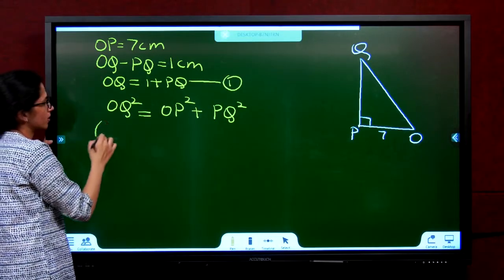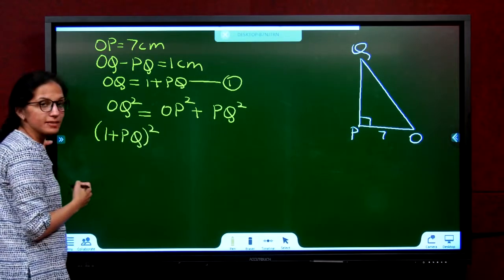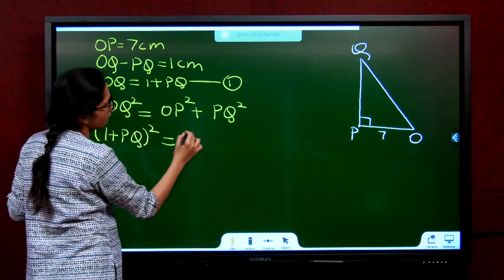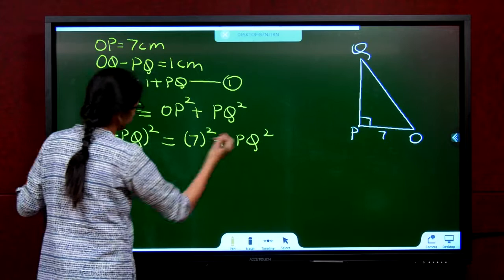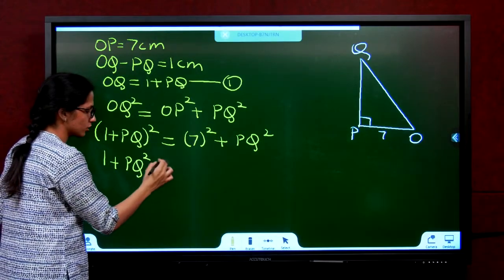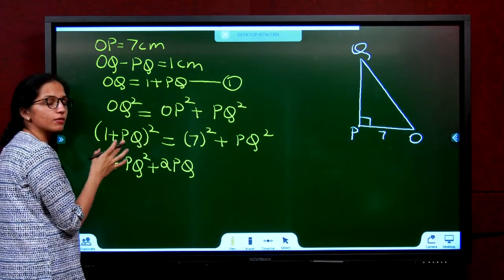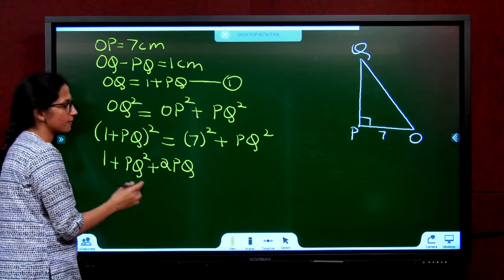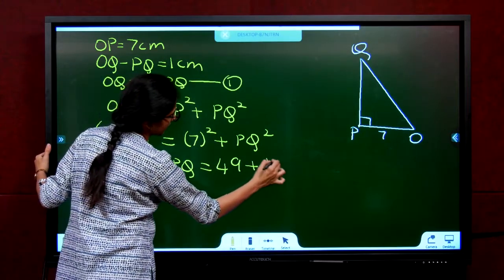Substituting this over here, in the place of OQ, put 1 plus PQ. 1 plus PQ the whole square is equal to OP 7 square plus PQ square. 1 plus PQ square plus 2PQ. How? Expand it. A plus B the whole square is equal to A square plus B square plus 2AB, equal to 7 square 49 plus PQ square.